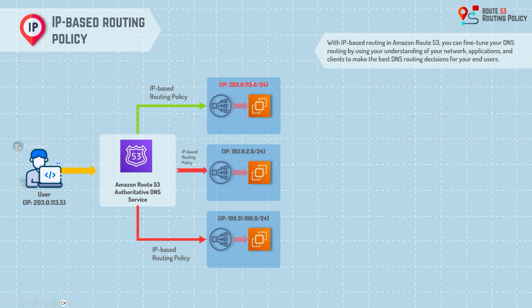So in turn, you can say that it is matching the query IP to the CIDR of the resource, and thus the user is directed towards that resource. That's how it works. Let's suppose you have something that matches this CIDR block, then the user will be redirected to this particular resource. That's how the IP-based routing works.